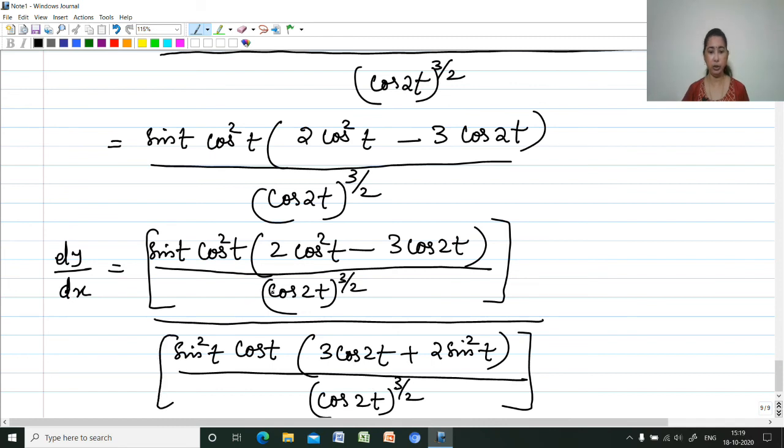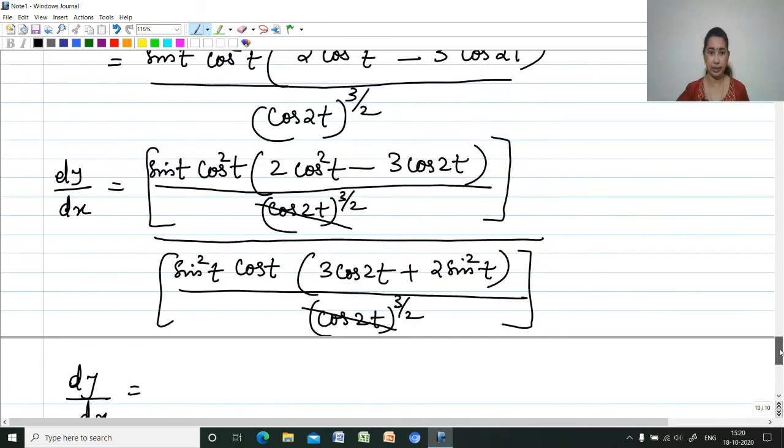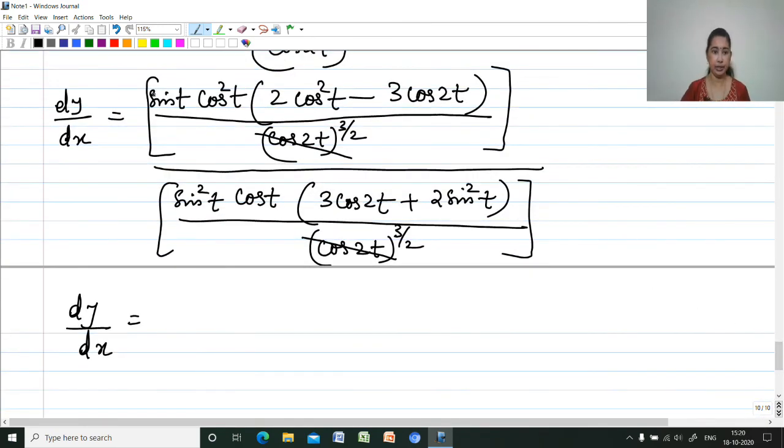Now in both the denominators cos 2t raised to 3 by 2 gets cancelled. Now remaining dy by dx equal to, after cancelling, many terms will get cancelled, that is one sin t from here and here, and in the denominator also sin t cos t.